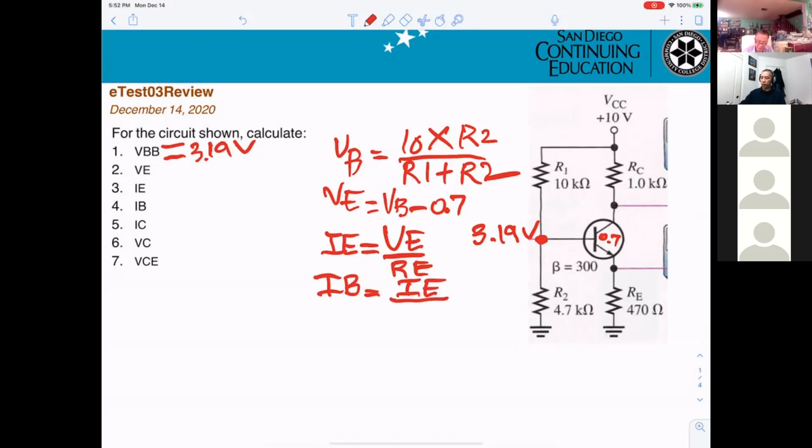IE over 1 plus beta. Then you can get the IC, beta times IB.